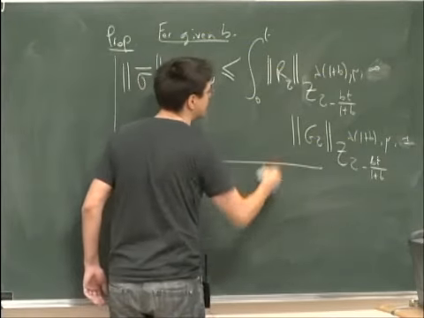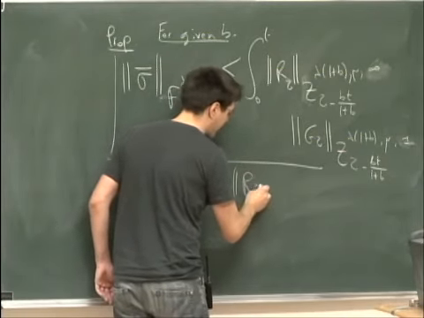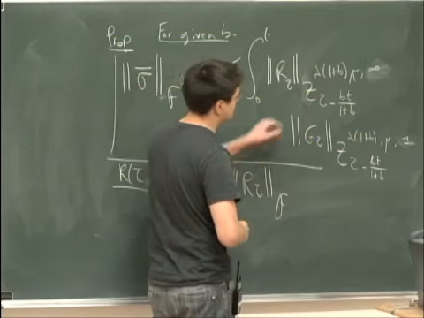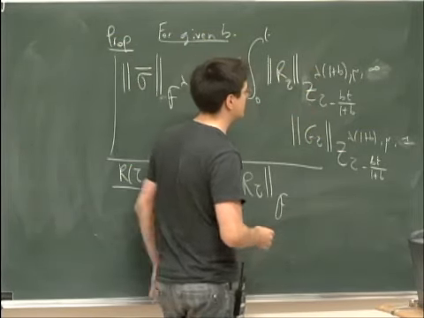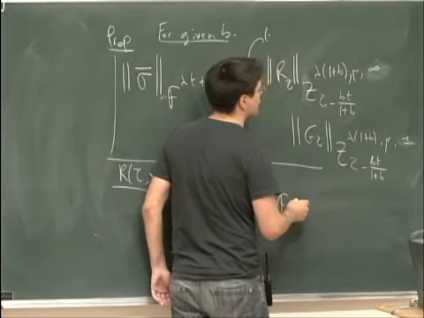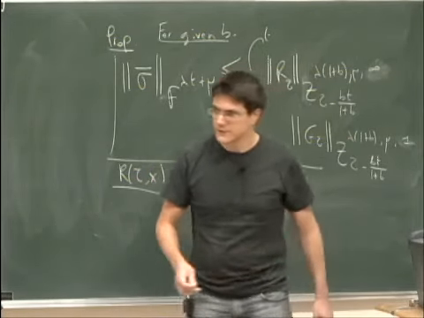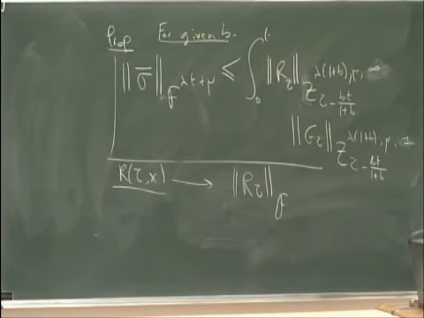Then what means this norm? It means the F norm, this times this, which becomes lambda tau plus mu minus lambda b t minus tau. Sorry, I don't want to make the computation now. I'm a bit tired.